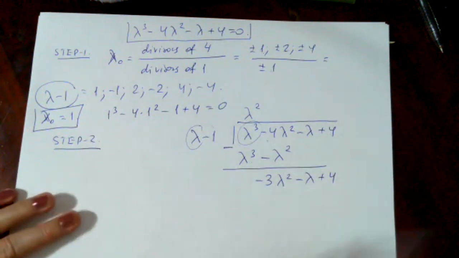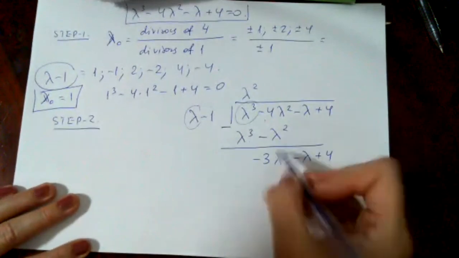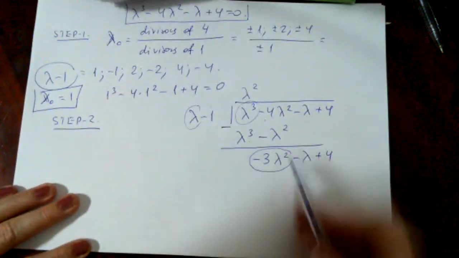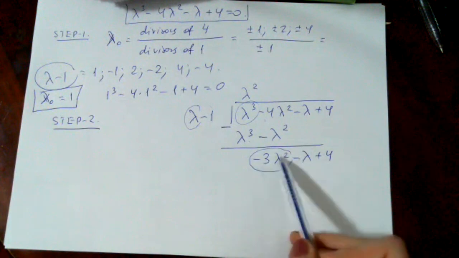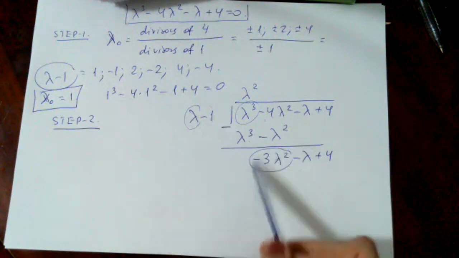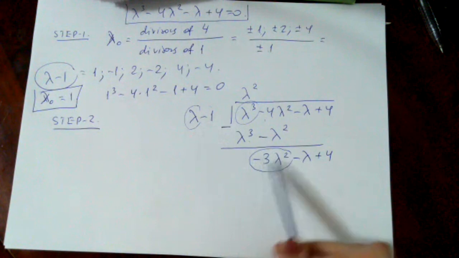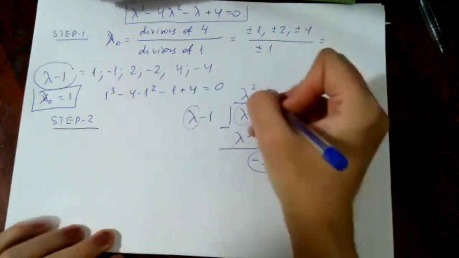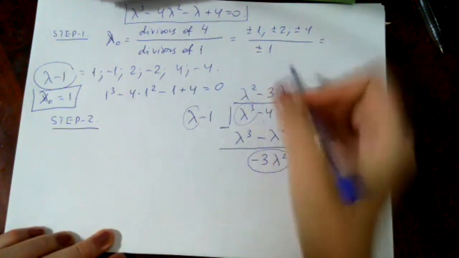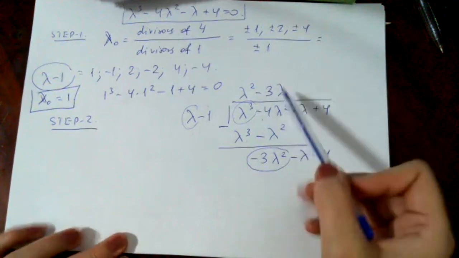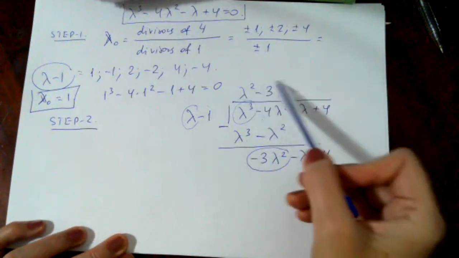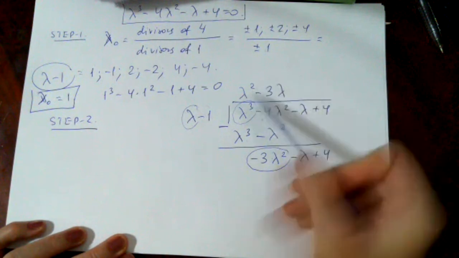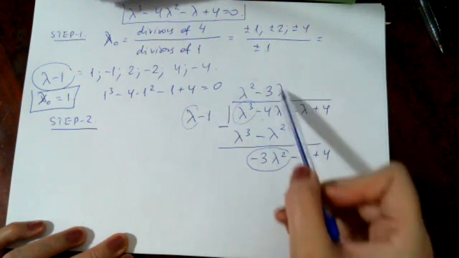Okay, now we need to repeat this process all over again. We are taking the term with the highest power, minus 3 lambda squared, and dividing by lambda again. What is it going to be? Minus 3 lambda squared divided by lambda. It will be minus 3 lambda. We write it as the next term here. And now we need to ignore the previous result, which is lambda squared. We need to multiply minus 3 lambda only by this, one by one again.